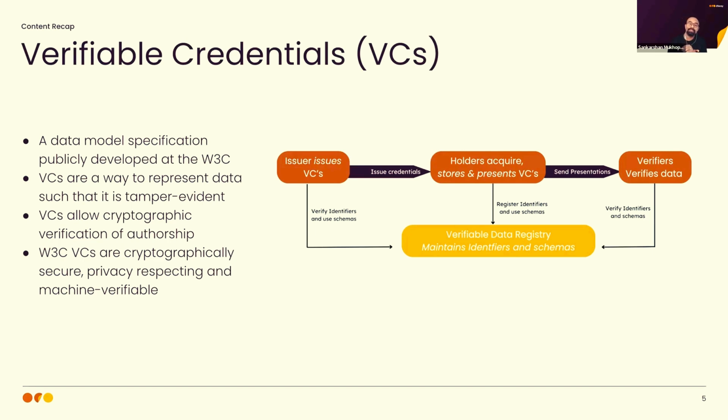The illustration that you see on the slide is a very simple thing, showing you what happens when you have a verifiable credentials based system. You have issuers that issue a verifiable credential, the holders who acquire and store those verifiable credentials, and verifiers who can verify them.